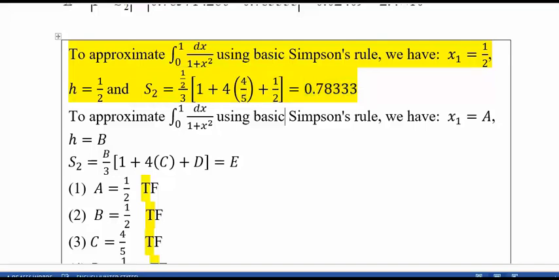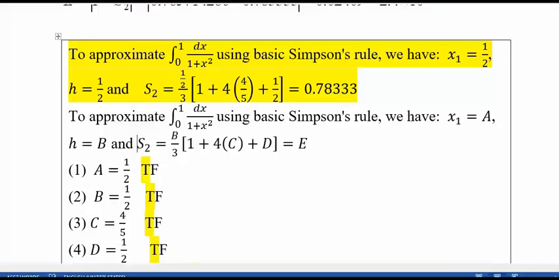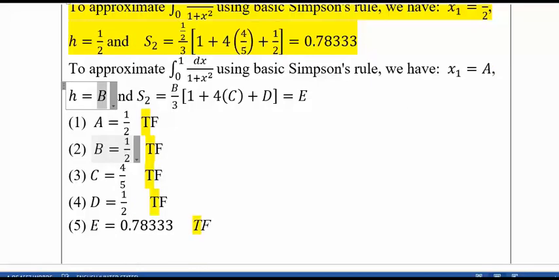We write it as an MCQ question. We write x equal a and h equal b, and S2 equal b over 3 plus 4c plus b equal e. A equal half, b equal half, c equal 4 over 5, d equal half, e equal 0.78333, and all of them are true. I think also this question is understood.